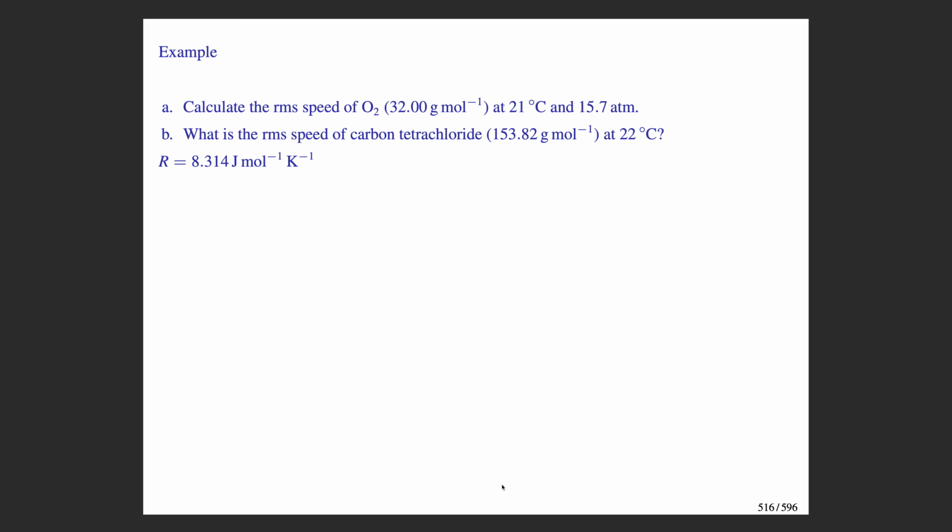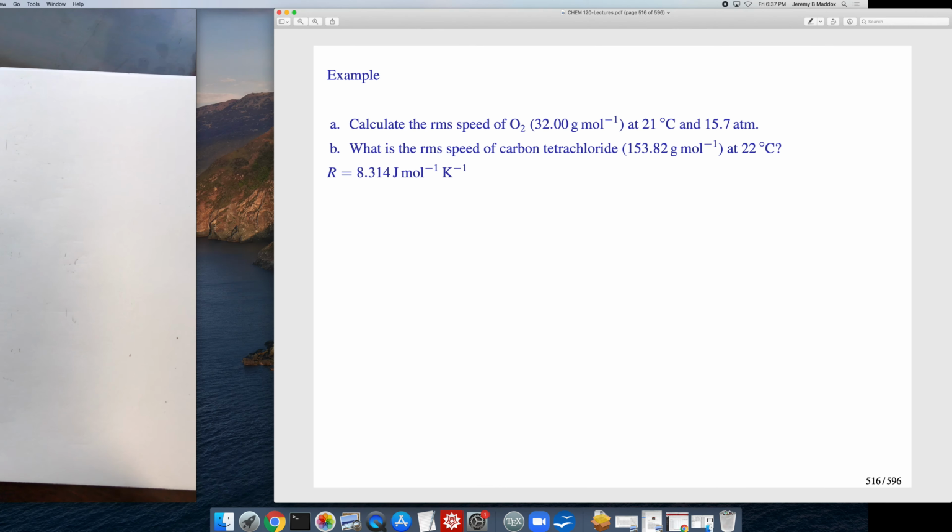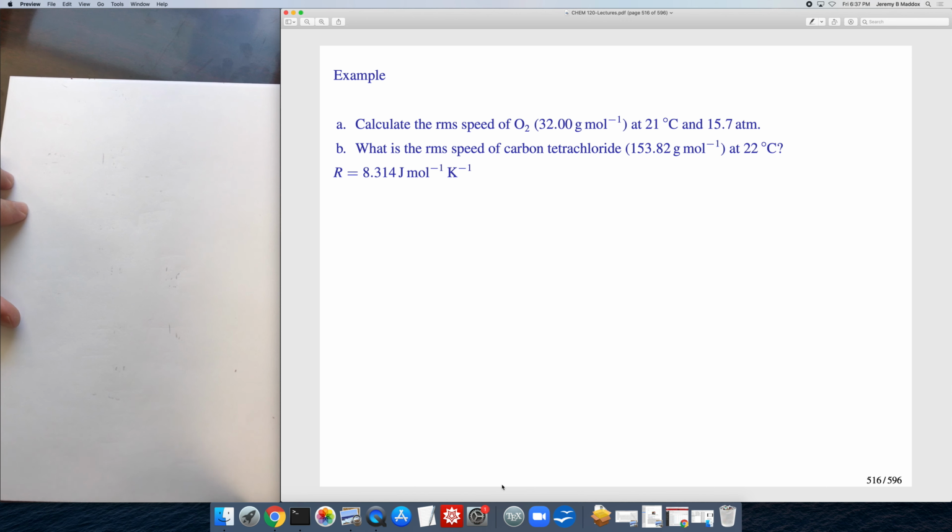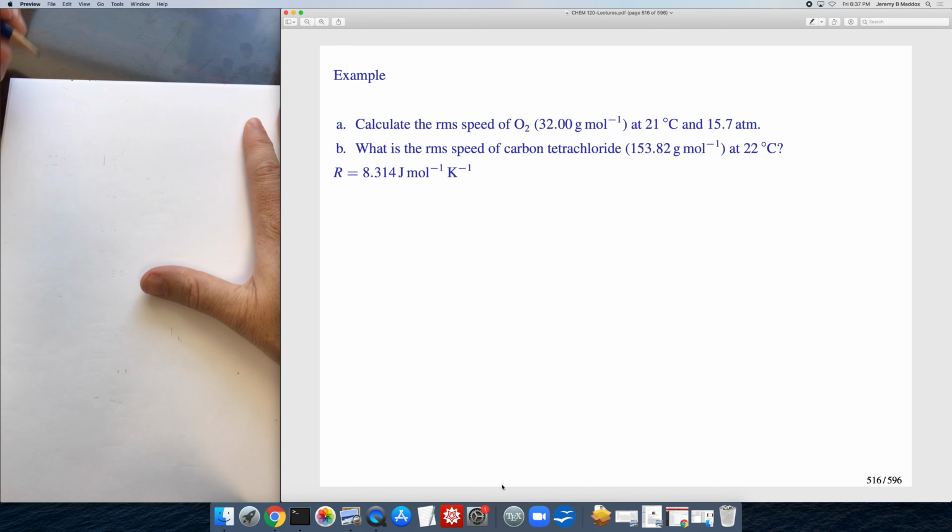Here what we're going to do is a couple of illustrative calculations. We're going to illustrate calculating the root mean square speed for oxygen at 21 degrees Celsius and 15.7 atmospheres pressure. The root mean square speed is given by the square root of 3RT over the molar mass.